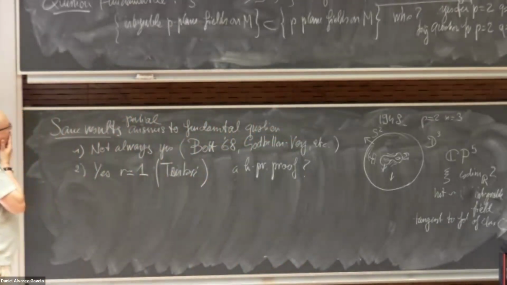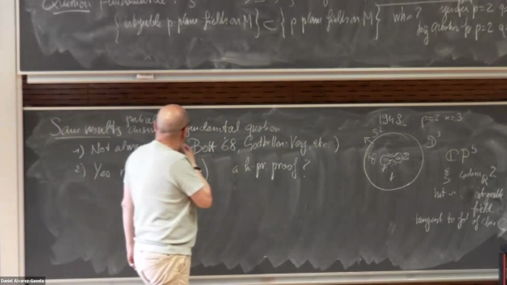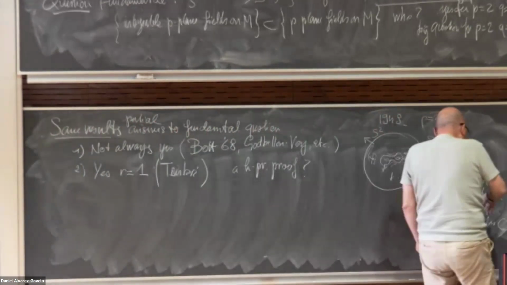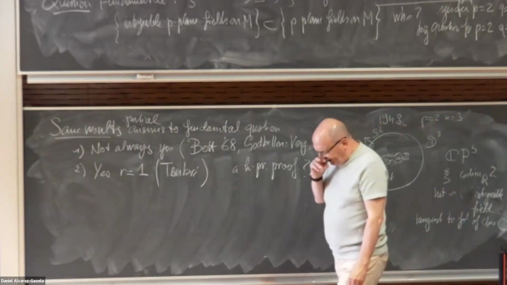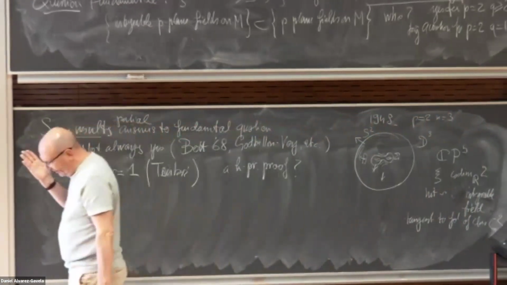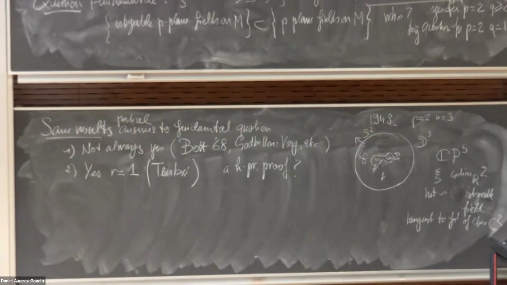In particular, the reasons why there are obstructions beginning with class C2 have to do with the existence of curvature for some connections and these kinds of things.